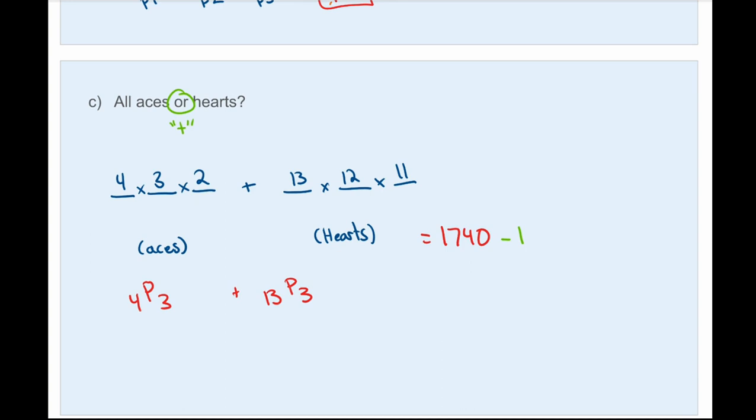Because if the ace of hearts is already drawn, then I've kind of doubled up. So I can't have all aces and all hearts together. It wouldn't work. I wouldn't be able to draw 3 cards because one of those cards would already be picked. So I have to remove that overlap, similar to how I've done it in the past. So the ace of hearts is that 1 that I'm removing. Again, we still need to watch for overlap.